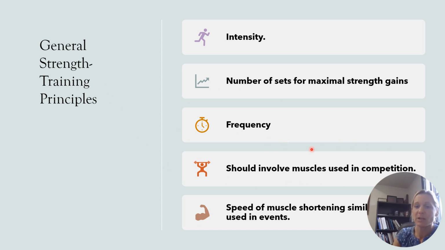What muscles are going to be used during competition for that particular sport, and then the speed of those actions as well. Do we need to do power types of exercise where we're able to, with the power exercises, do things with a great amount of force and speed and kind of mimic some of those sport specific actions that are going to require high speed.